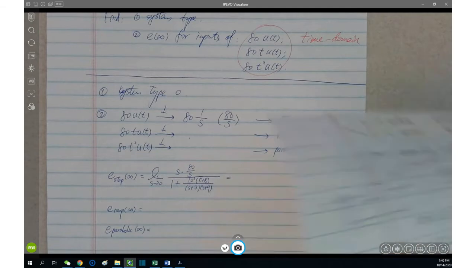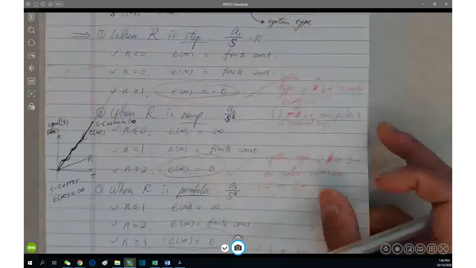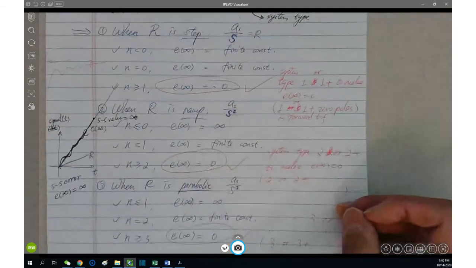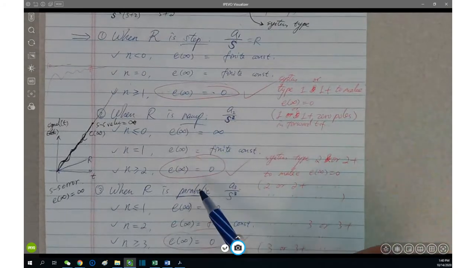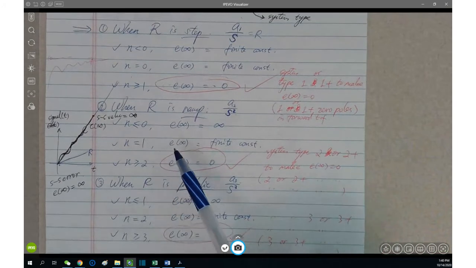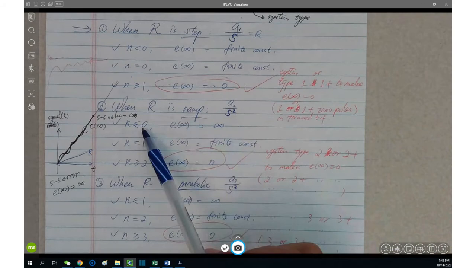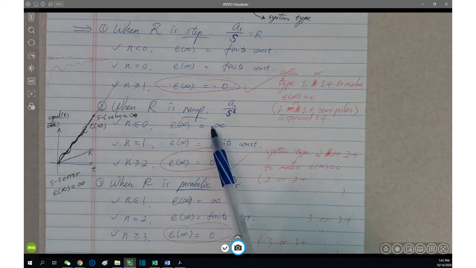If this is clear, then we don't need to rush to find the value. We just need to look more. The second input and third input, ramp and parabolic, what do you see by reading? System type 0 for ramp means infinity of the error.